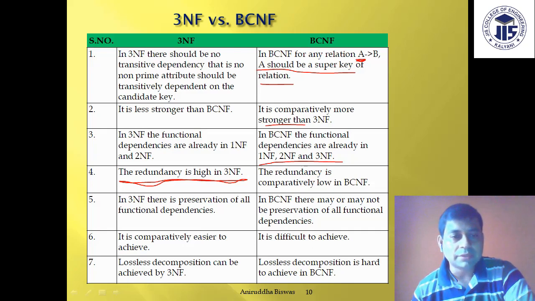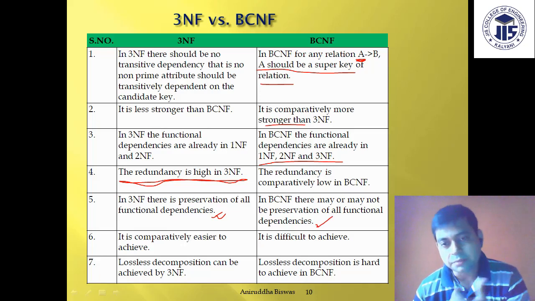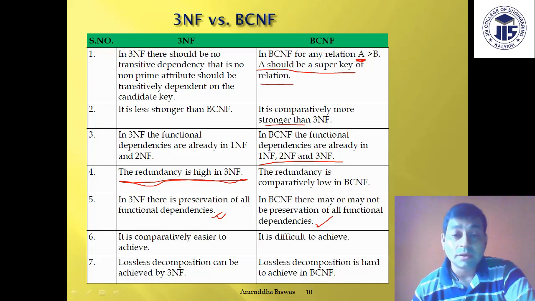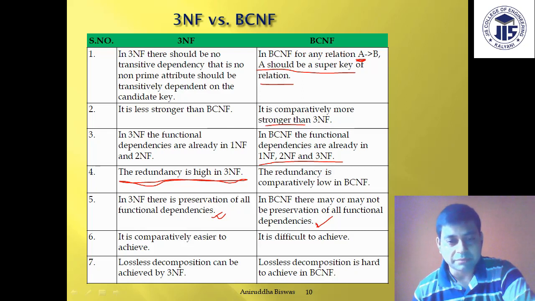And in 3NF, there is a preservation of all functional dependencies. So functional dependencies are preserved, whereas in BCNF there may or may not be preservation of all functional dependencies, because sometimes when we try to accomplish BCNF, it again violates the full functional dependency, and we have to rethink about that and make it 2NF compatible again.